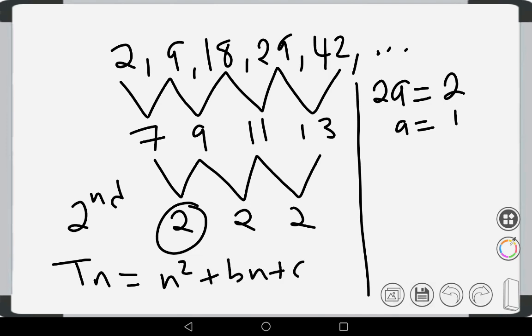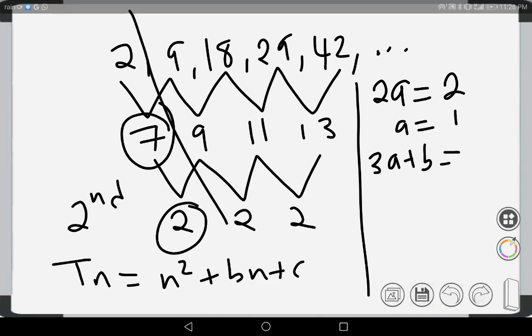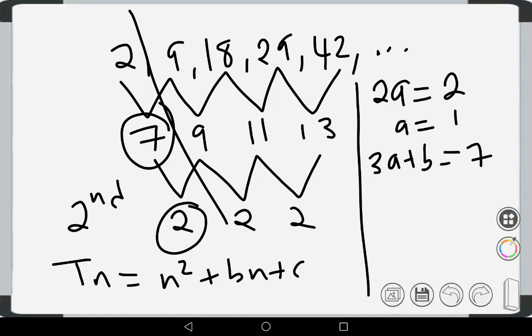Now you look for b and c. To find b, 3a plus b equals the first difference, using this row, 7. You substitute 1 there, and you get b equals 7 minus 3, which gives you 4. So now your b is 4.